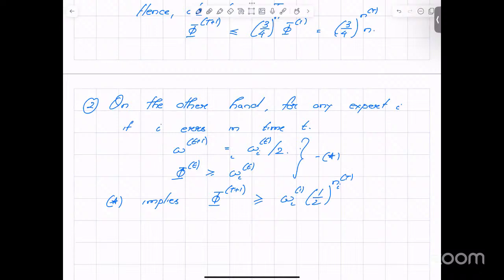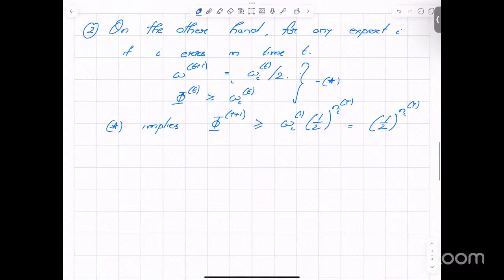So phi of t plus 1 is at least wi of t plus 1, and that keeps on reducing by a factor of half each time that expert errs. Therefore, it's at least so much. And once again, this is true for any expert.